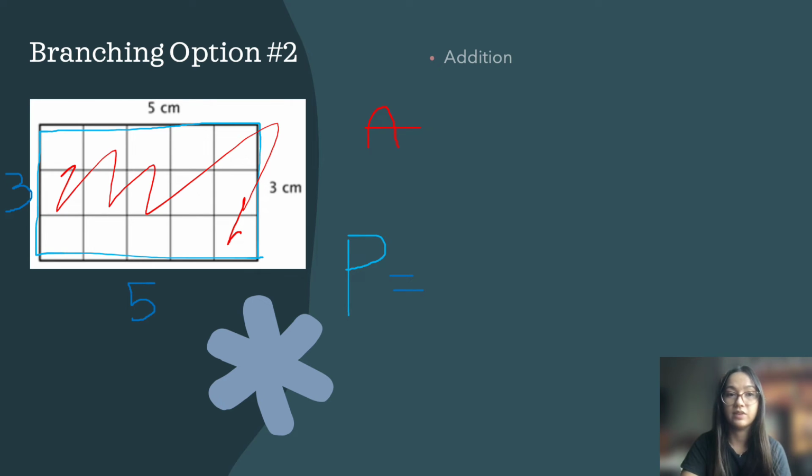as I showed on the previous slide, the formula is to add all of the sides. So we would add 5 plus 3 plus 5 plus 3. And once we add all those, we would get 16, which we could then check with the method we just used of counting squares.